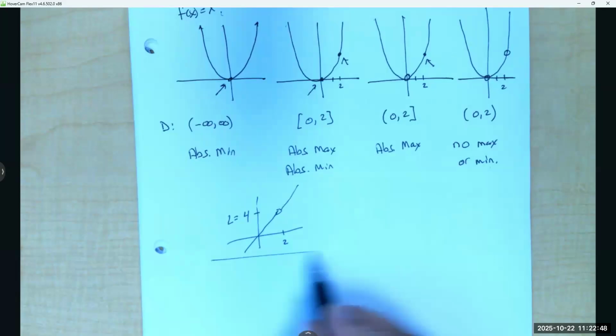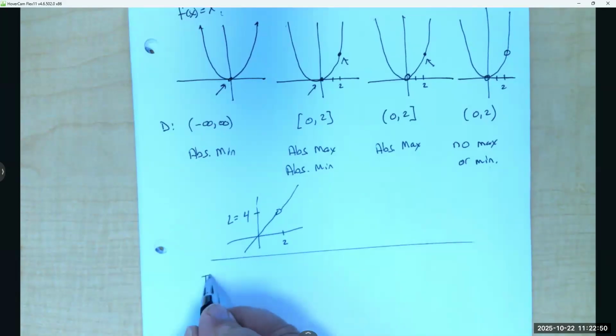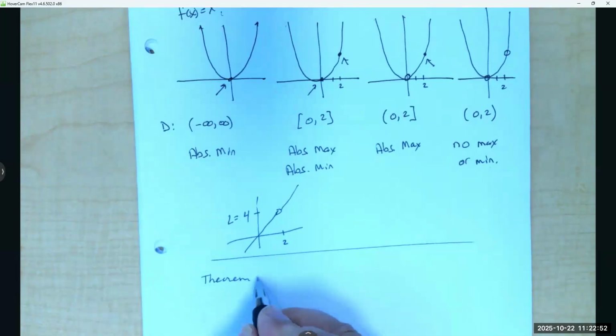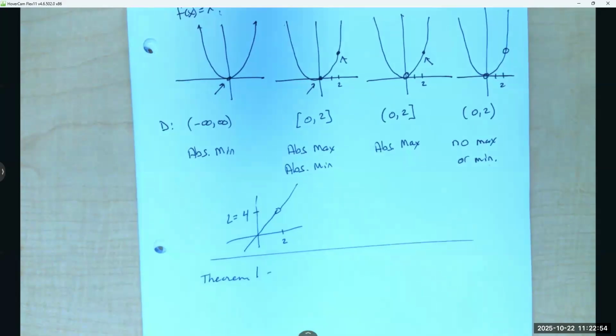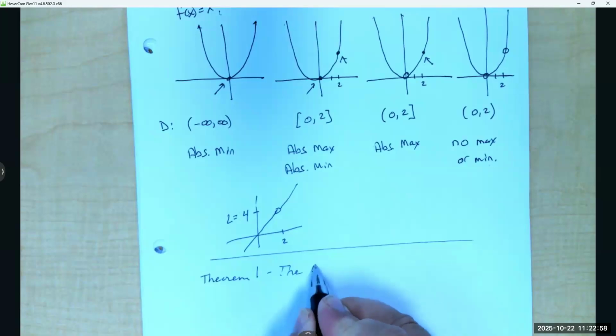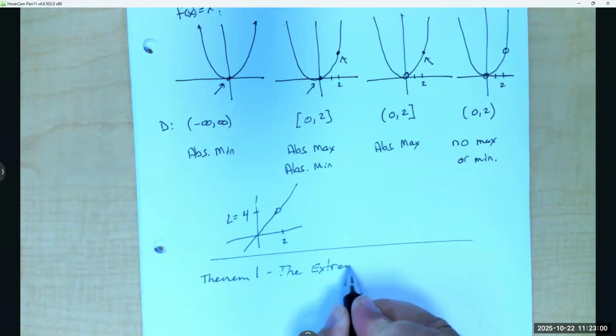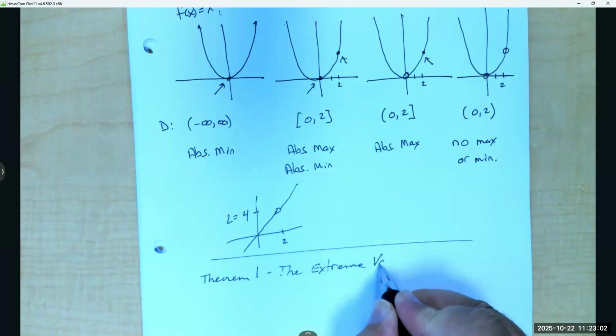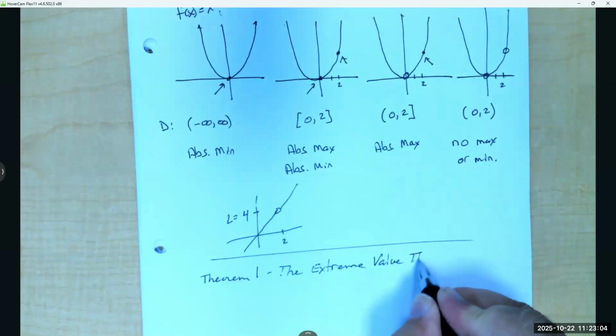All right, let's look at our first theorem. The extreme value theorem.